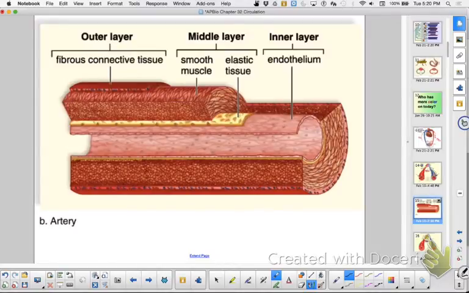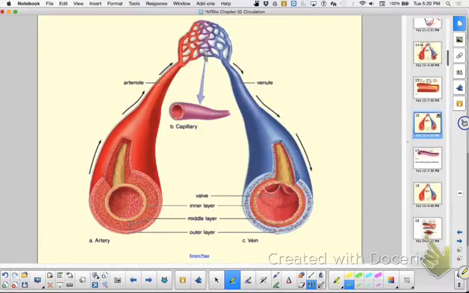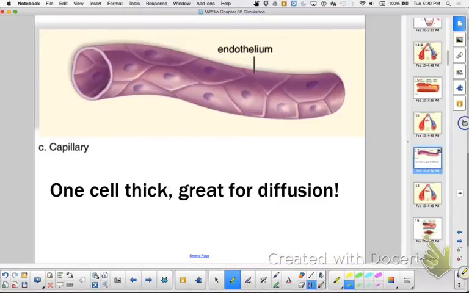Now, pay attention to the innermost lining, which I'm trying to color here in yellow. The innermost lining of the artery is called the endothelium. As arteries get smaller and smaller, they become arterioles and eventually capillaries.